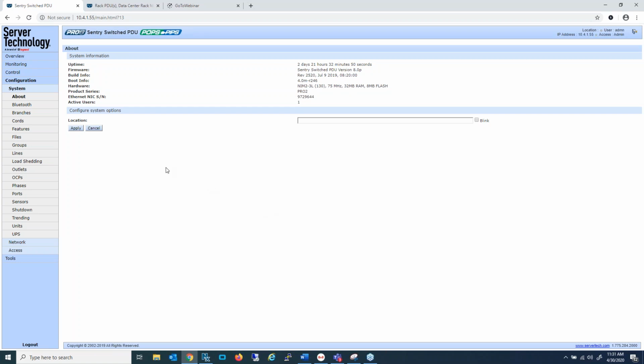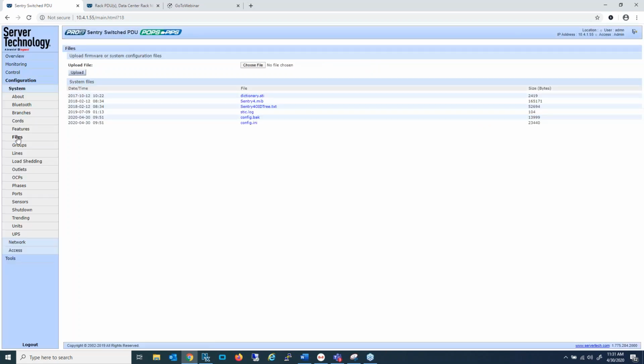Okay. I think that's going to be one of the topics next week, so I'd invite you to come back. But the short answer, well, there's several different ways, but the short answer, if we're talking Pro 2 again, if you're still looking at the screen, logged in at administrator level, you can go to configuration and files, and then the config.ini, there is what we call a STIC protocol.